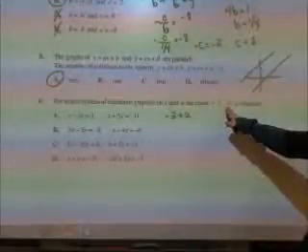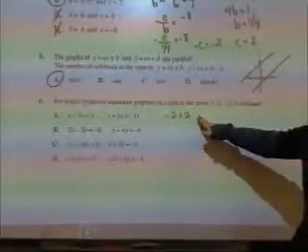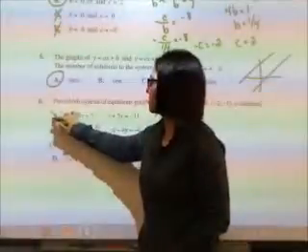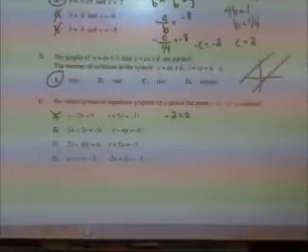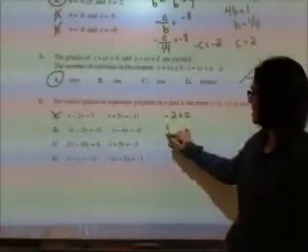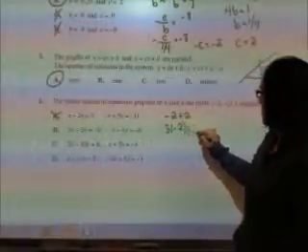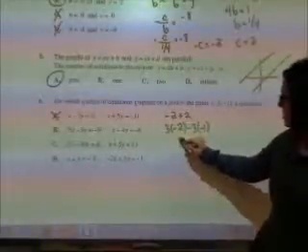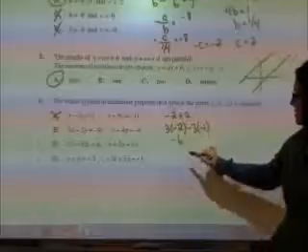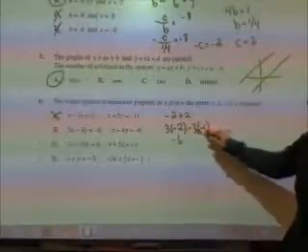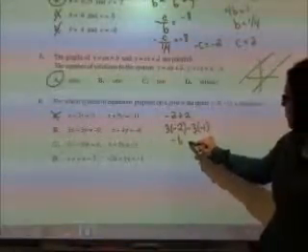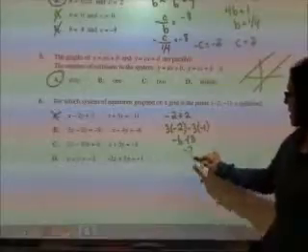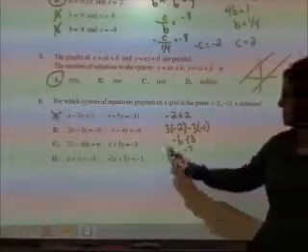That doesn't give me 3. So this one doesn't work. If I look at B, 3 times -2 minus 3 times -1. 3 times -2 is -6. -3 times -1 is +3. So I get -3 for an answer.